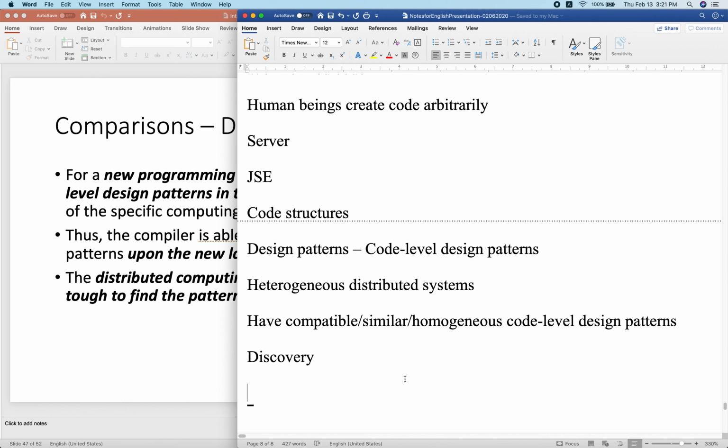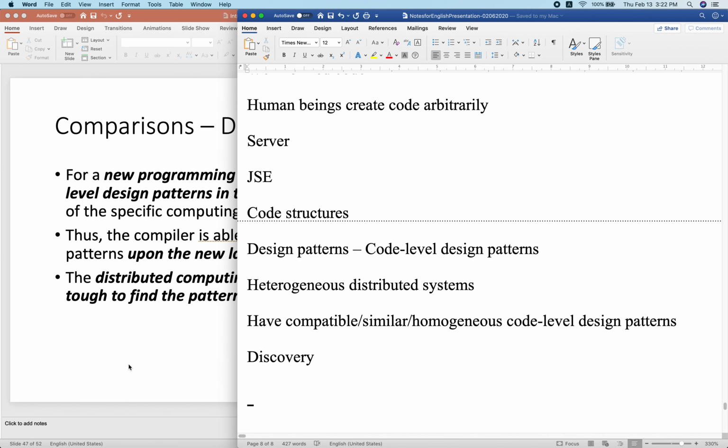Fortunately, all of the systems have a similar code structure. That means we can use a simplified or limited number of syntax or semantics to describe various distributed systems.